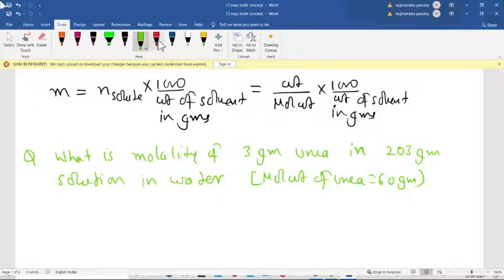Yes, Aparajita, what is the answer? Yes, correct.